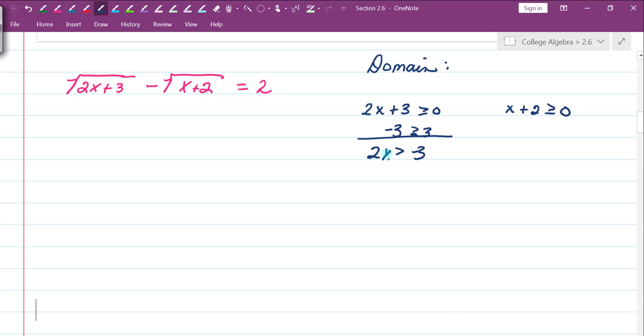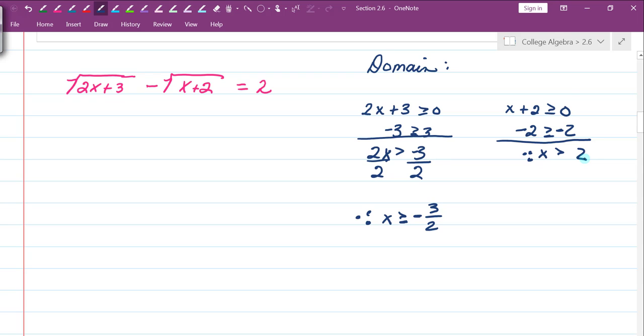Then we will divide both sides through by 2, and we get, therefore, x has to be greater than or equal to negative 3/2, which is the same thing as negative 1 1/2. Now on the right-hand side, we'll subtract 2 from both sides, and we get, therefore, x has to be greater than or equal to negative 2.